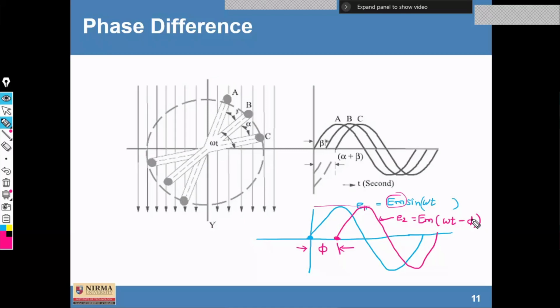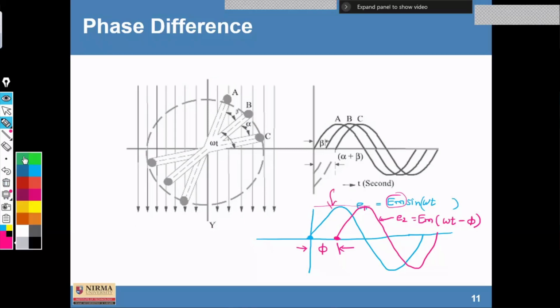So whenever a quantity is in the lagging position, the equation is written as E2 is equal to Em sine omega t minus phi. Correct? Here we consider E1 as the reference quantity.